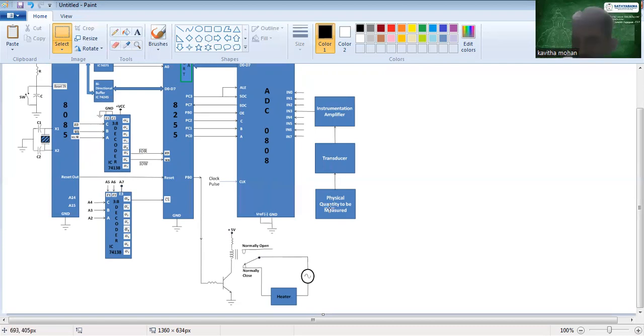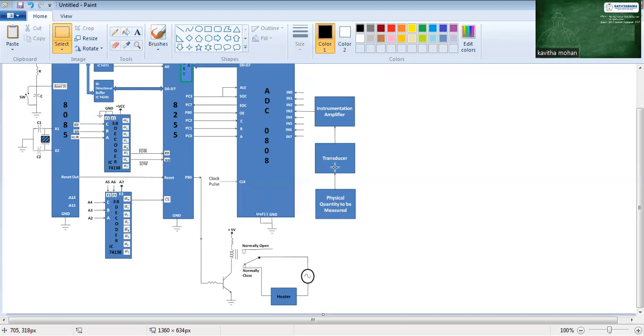Once it reaches 40 degrees Celsius, I should turn off the relay. That means it is an automatic switch. I should not apply the supply to the heater because it has reached the required temperature. So the physical quantity to be measured is the temperature level, which will be sent to the transducer.